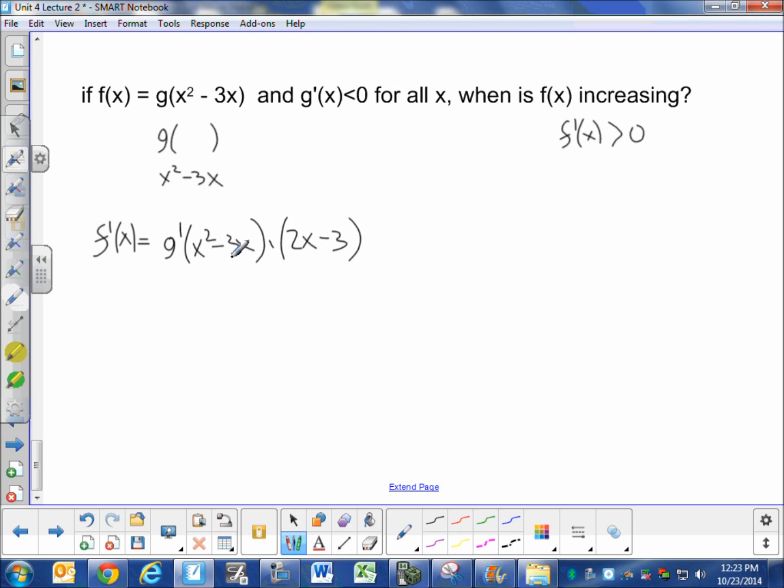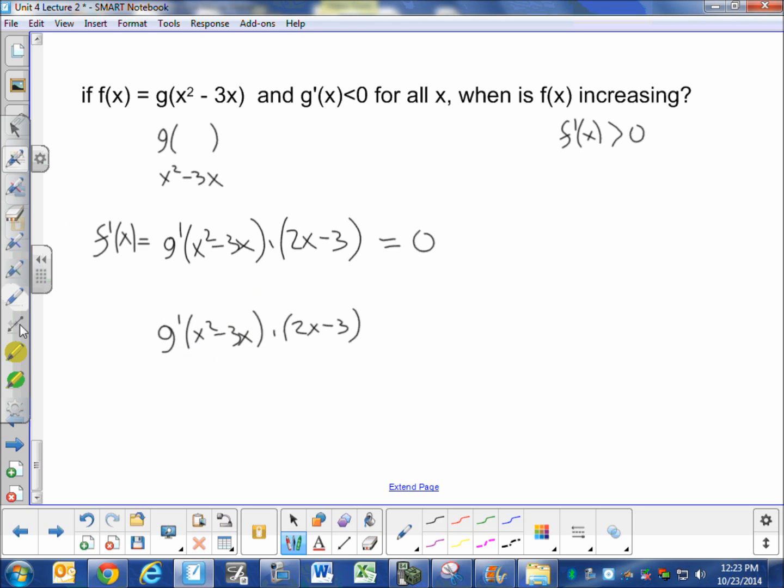Okay? So this is the derivative. Well, I need to figure out when f is increasing. The first thing I would need to do is figure out when f prime is equal to 0. And you're probably wondering, how do I figure out when g prime of x squared minus 3x is equal to 0?